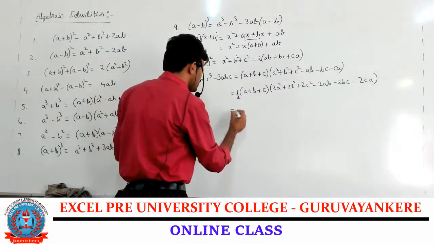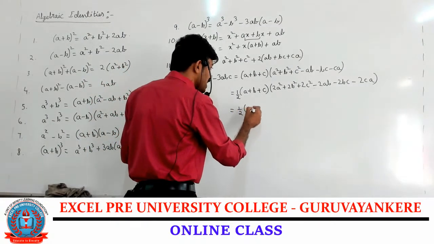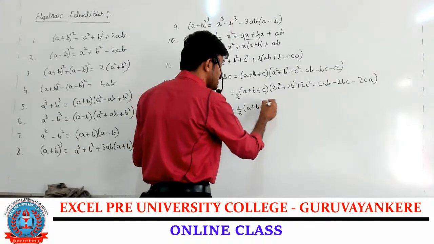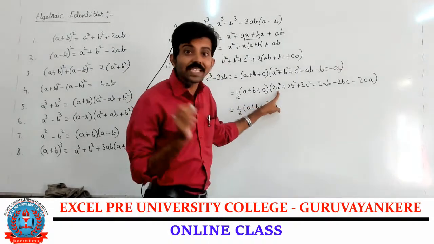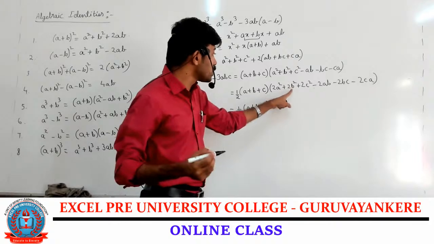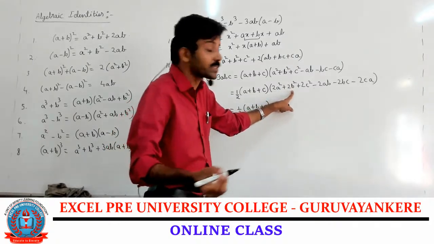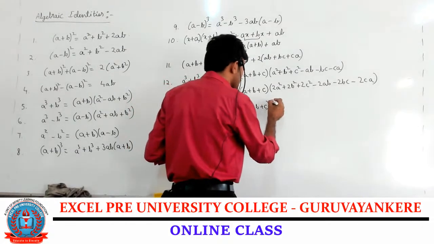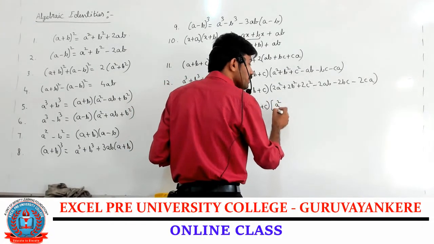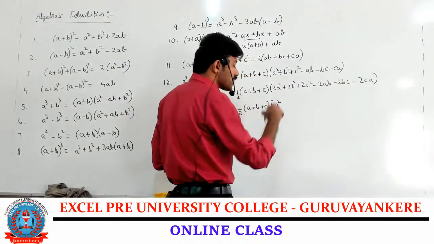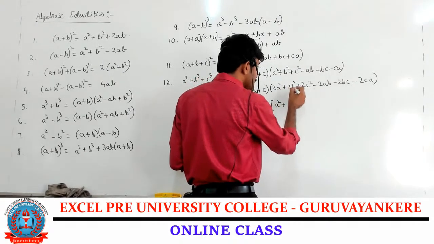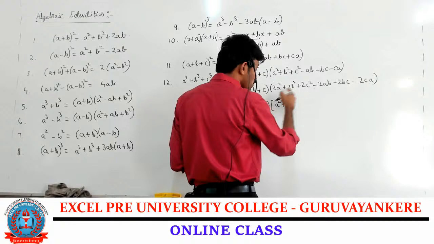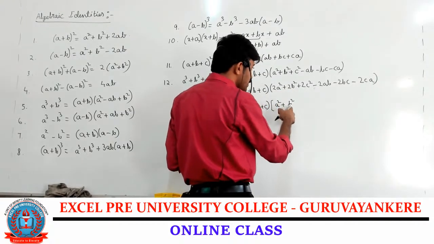So this can be written further as half into (a plus b plus c) into, 2a square we can split as a square plus a square, 2b square is b square plus b square, 2c square is c square plus c square, right? So I can write this as a square plus a square. One of the a square is written, one of the b square is written.